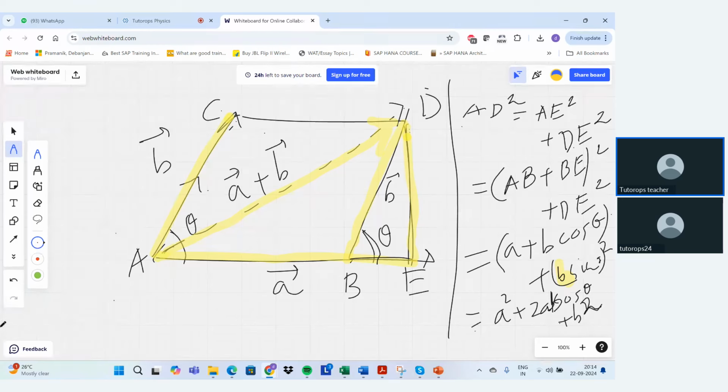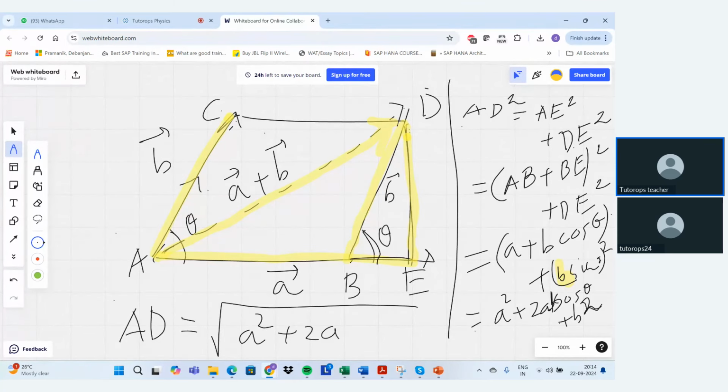So hence, coming to a conclusion, what would be my AD? AD is equal to root over A square plus 2AB cos theta plus B square. So from here it is coming. Maximum people will go towards this formula, but you should know where it is coming from, because there can be some question where the basic concepts are also required.